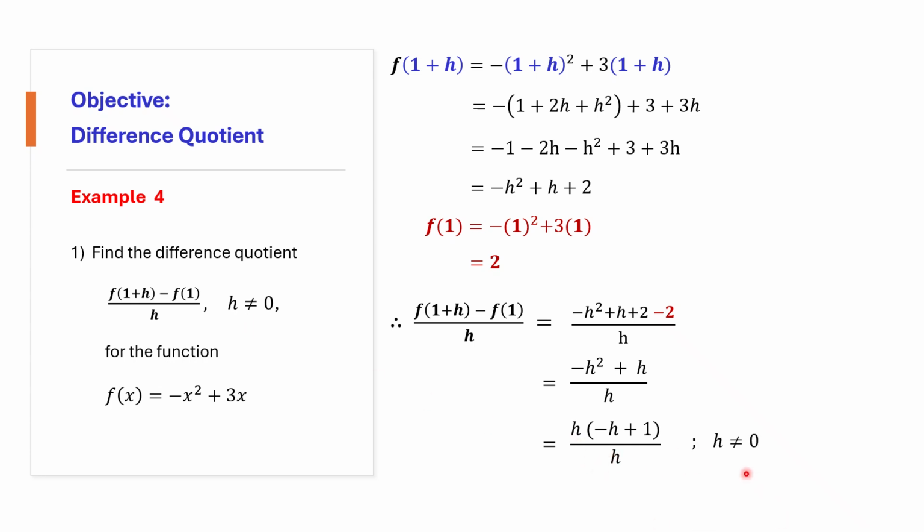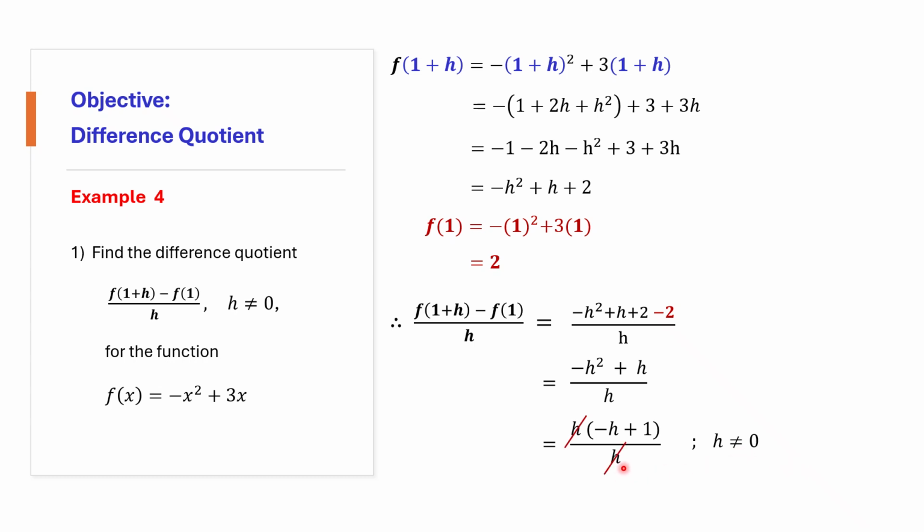Since we have h not equal to 0 given, we can now cancel this h because we can never cancel 0 over 0. Remember, when the denominator is 0, it's undefined. So you can only cancel a factor if this factor will not give you 0 over 0. So now we can cancel this because we are sure that h is not 0.